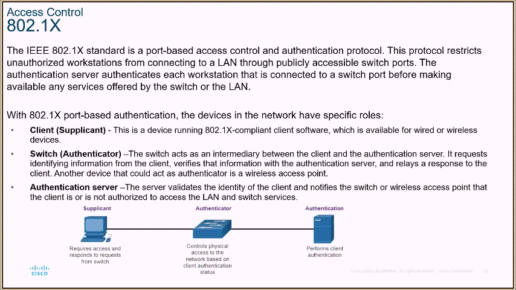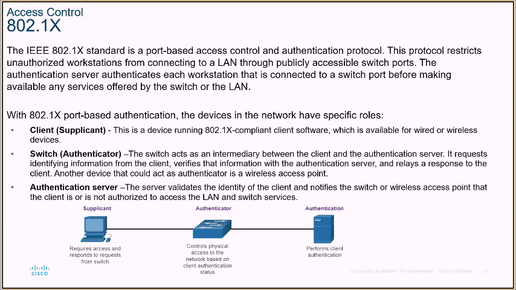And so basically you have the supplicant, which is the client machine, and that's either going to be via wired or wireless connections. You have the switch, which is the authenticator, and so it's the intermediary between the client and the authentication server.